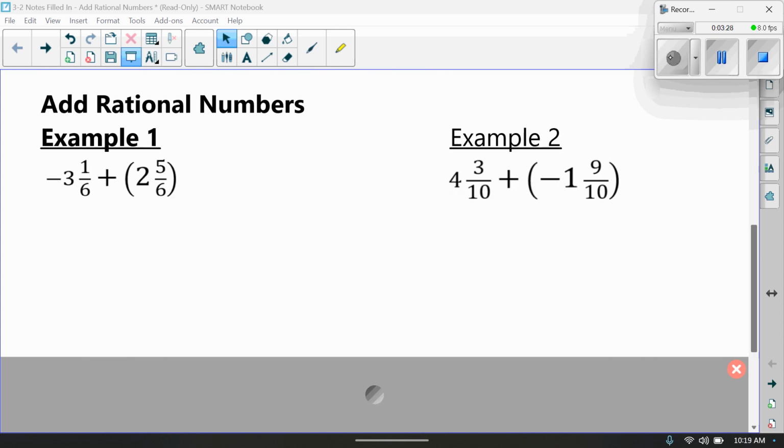All right, so we're doing example 1 and 2, and here we are adding mixed numbers, okay? When you're adding mixed numbers with different signs, my suggestion to you, and this is how I did it when I was in 6th and 7th grade, is I changed those mixed numbers to improper fractions.